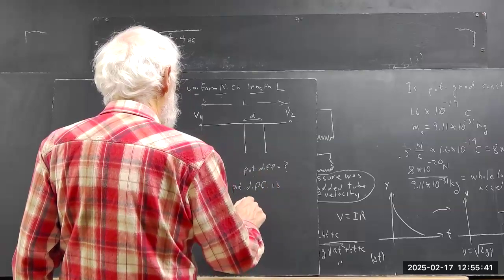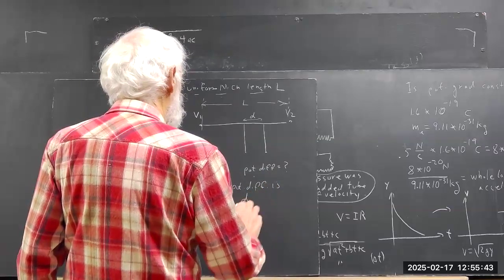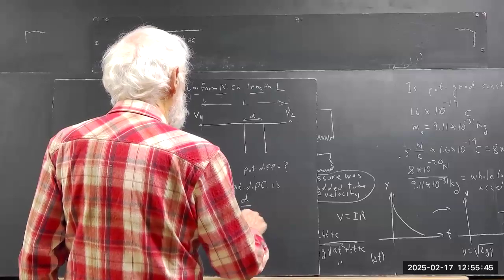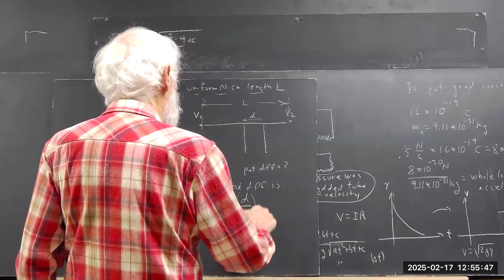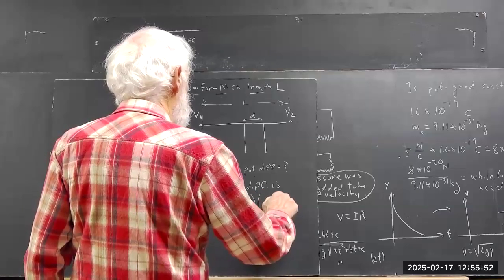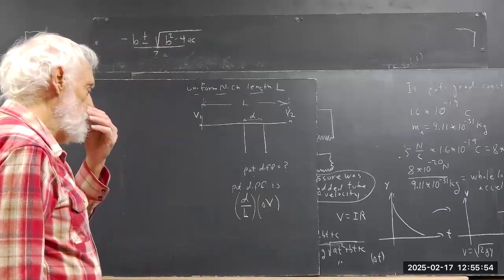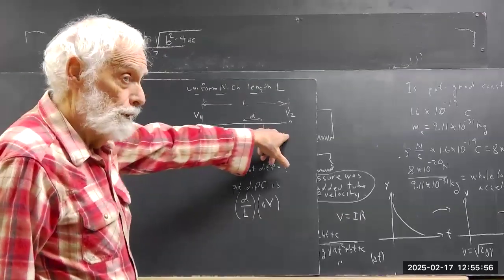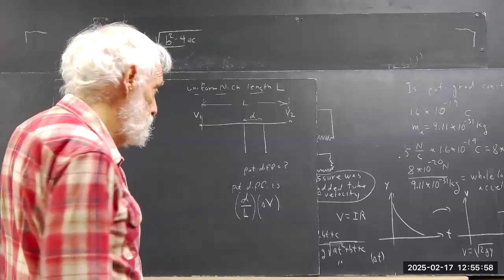Potential difference is D over L times delta V, where delta V is potential difference from here to here.